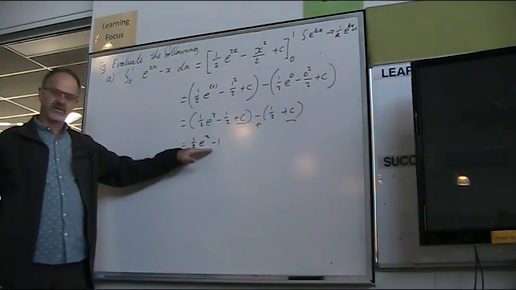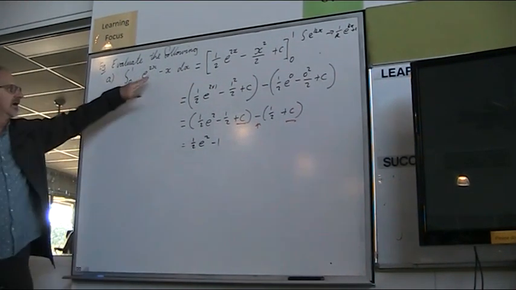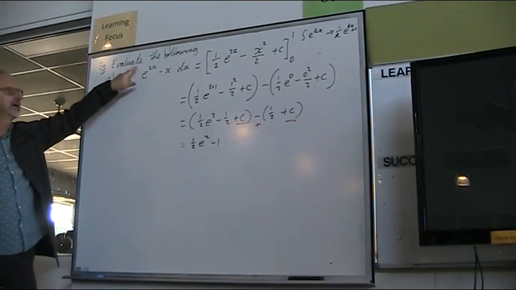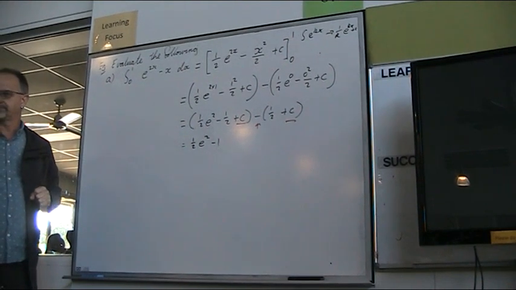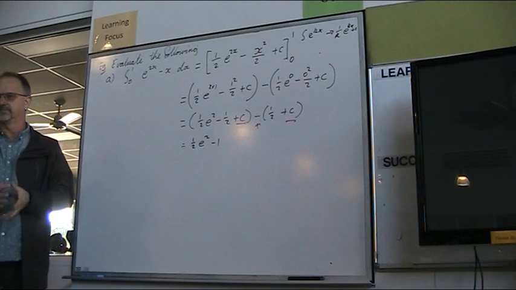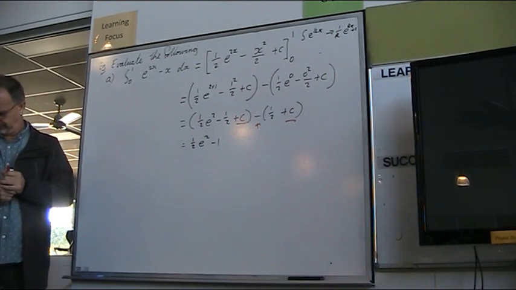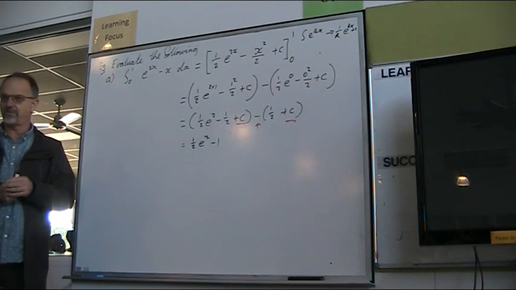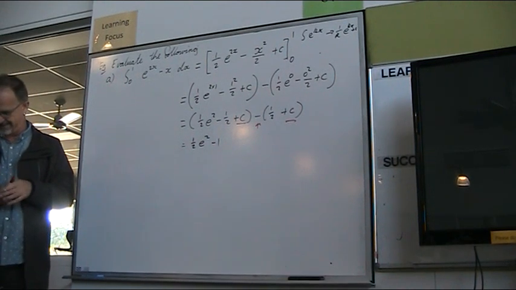This would represent the area under that graph between x equals 0 and x equals 1. That's what that number represents. Any other questions before I rub that out and do my next example?